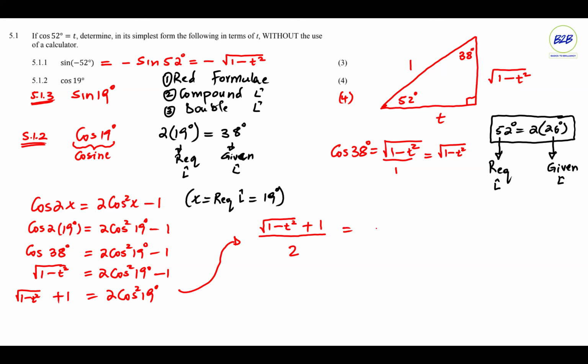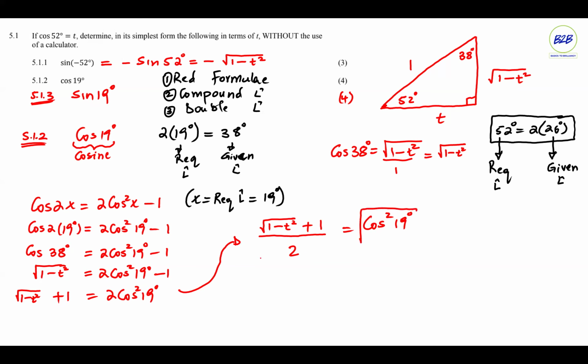And then we say equal to cos squared of 19 degrees. Now that we have a square in cos, we must take a square root on both sides.